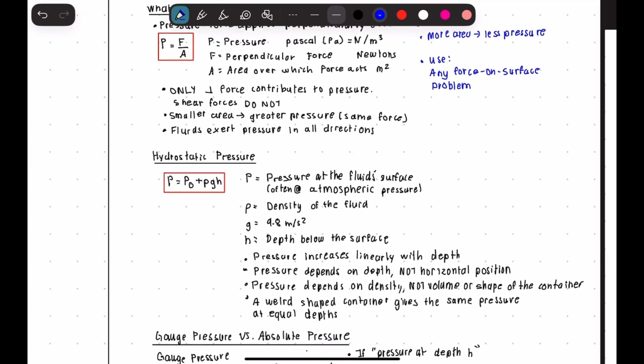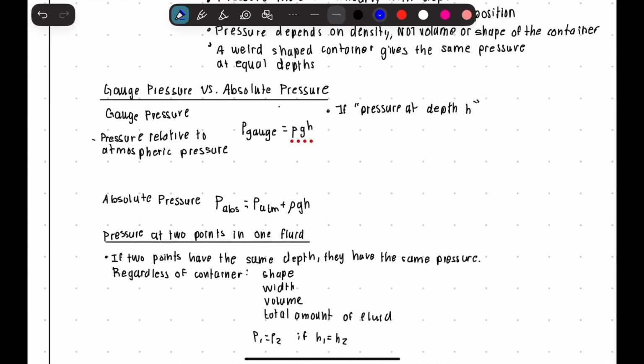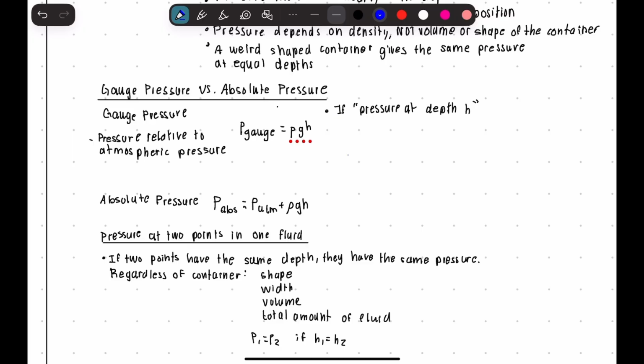And then let's move on down here to gauge pressure. So gauge pressure is used on most liquid depth problems.